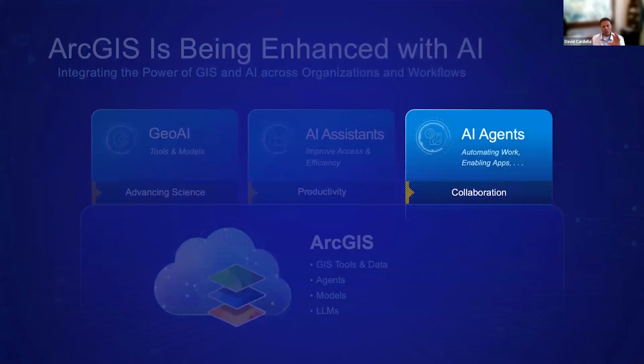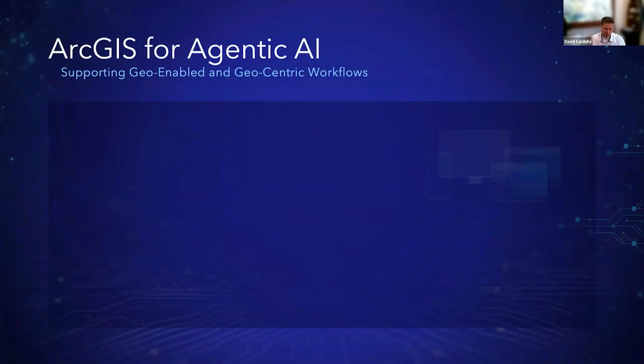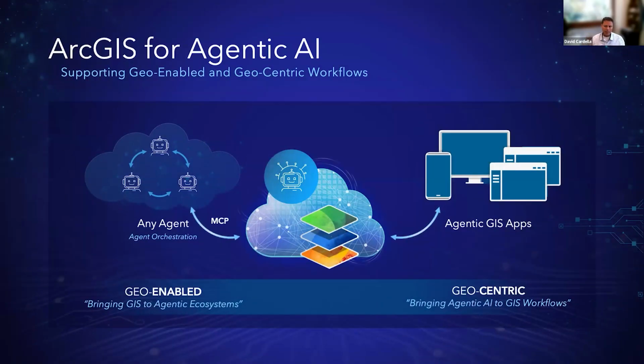The last area is all around agents and agentic AI, which really focuses on collaboration. And we break this up into two areas. One is third-party applications that need to be geo-enabled, or need geography to complement them.